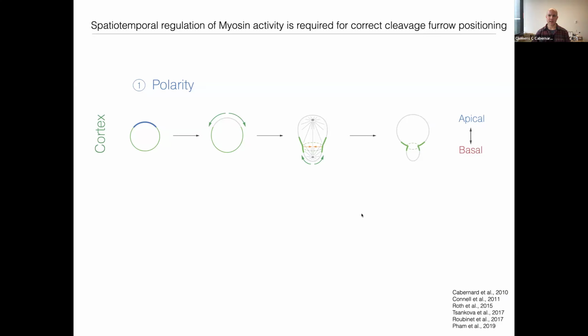These myosin dynamics are essentially regulated by two spatiotemporally separated molecular pathways.